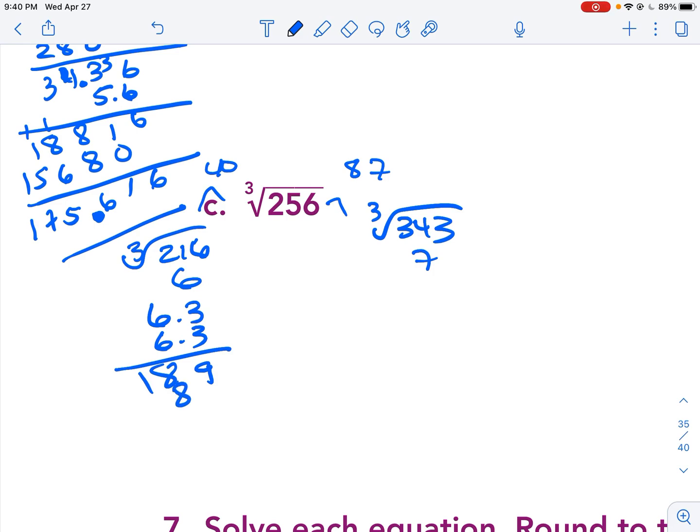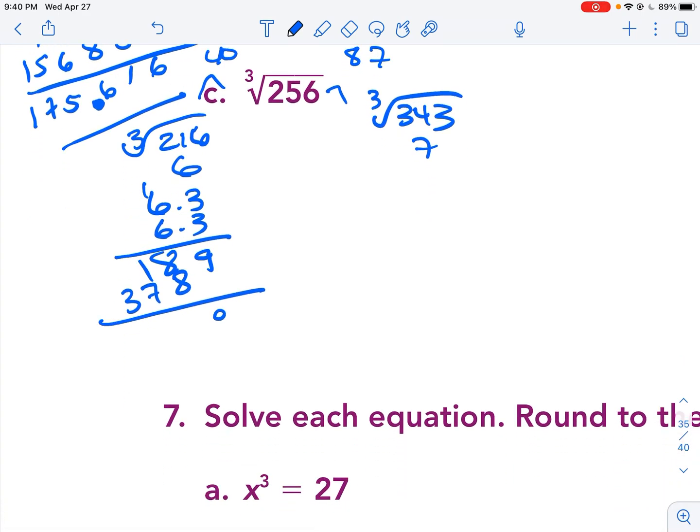That's 9. That's 18. That's 18. That's 37. That's a 9. That's a 16. That's a 9. That's a 3.